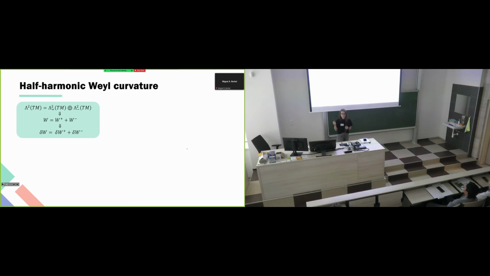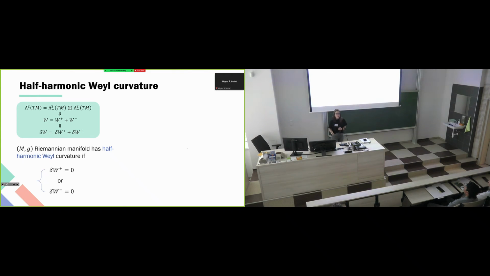This decomposition gives rise to a decomposition of the biocurvature into its self-dual and anti-self-dual parts, which are the restrictions of the biocurvature to each of these two subspaces. Given this decomposition, its divergence decomposes accordingly. So we have this expression you can see there.